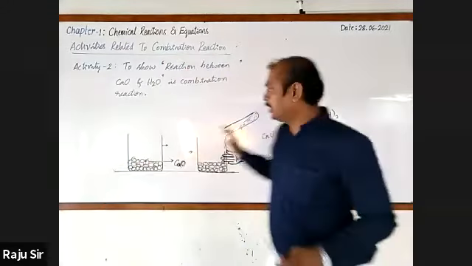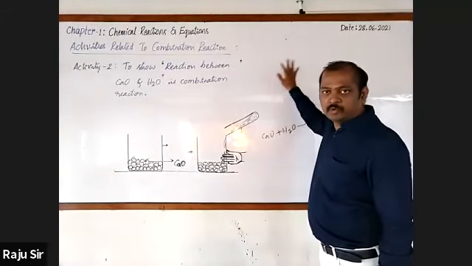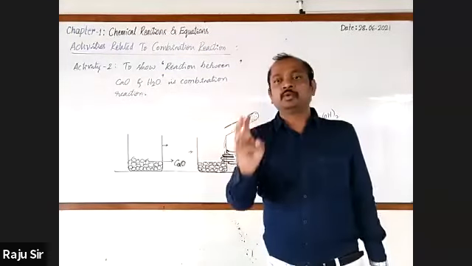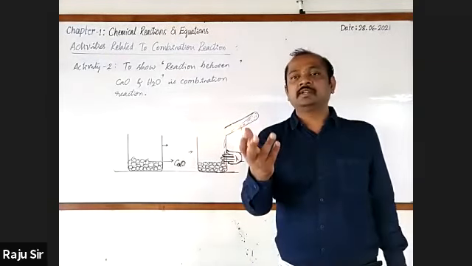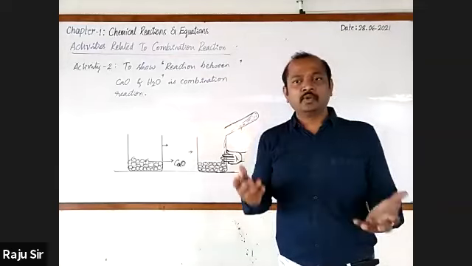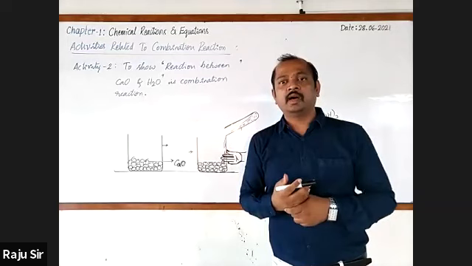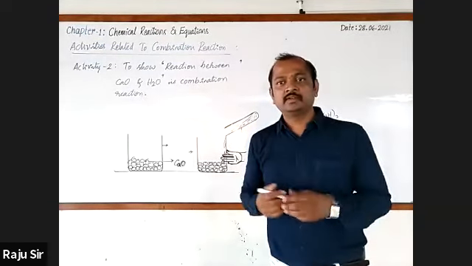Do you know why? Because it reacts with carbon dioxide to make the wall get a shiny appearance. When you apply calcium hydroxide to the wall for whitewashing and leave it for 2 to 3 days, the wall starts getting a shiny appearance. Do you know the reason for the shiny appearance of the wall? It will react with carbon dioxide in the atmosphere, forming calcium carbonate.